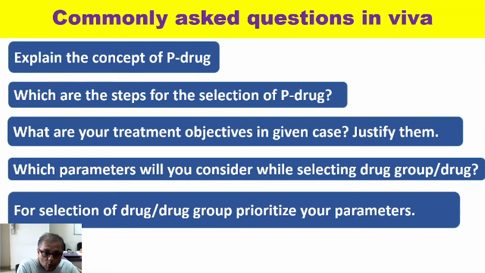The drug must be effective, followed by safe, and the third is suitability: whether the drug is available, and the dosage form of the drug. You have to ask the patient whether they are comfortable with this dosage form, which is important especially for chronic conditions for patient compliance. If the patient is not happy with the parenteral route, you have to select some other drug given by the oral route, if available.